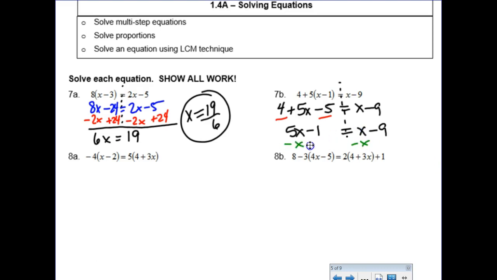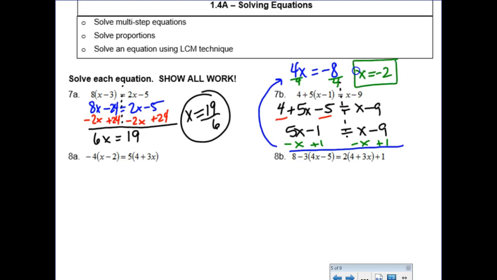I'm going to run out of room. I wrote way too big. I'm going to add 1. Okay, my work is going to magically land up here. So what do we have? I have 4x equals negative 8. Then last step, dividing both sides by 4, and I found out that x equals negative 2. Okay.